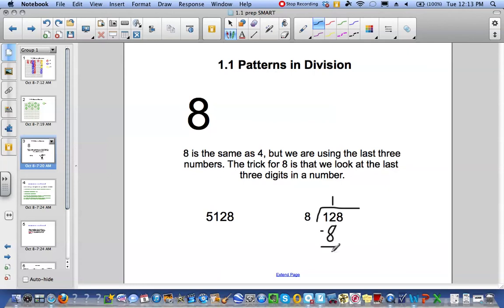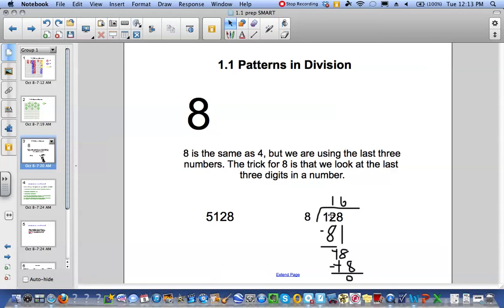That'll give me 4, and then I bring down my 8. 4 goes into 48 6 times, and then I can subtract my 48. And I shouldn't have a remainder down here. I don't. It is 0. So 8 goes into 128 16 times.